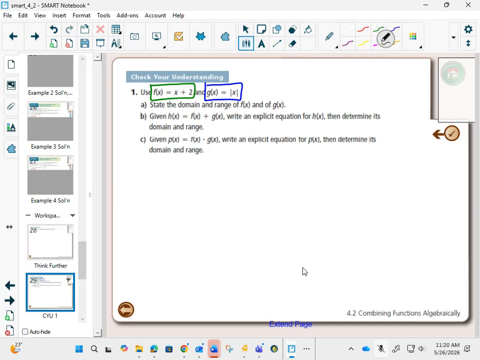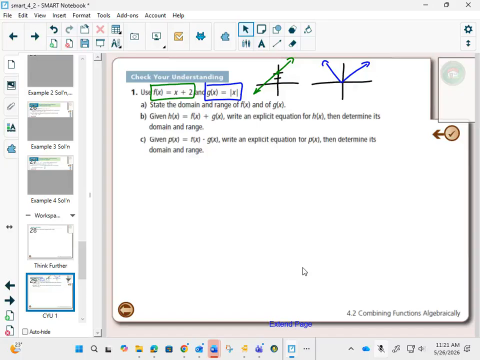I see x plus 2, and I think to myself, okay, that's a straight line, slope of 1, y-intercept of 2. I draw a quick little picture of it. I also think g of x, absolute value graph. My absolute value graph looks like this. So I have an idea of both of my graphs already.